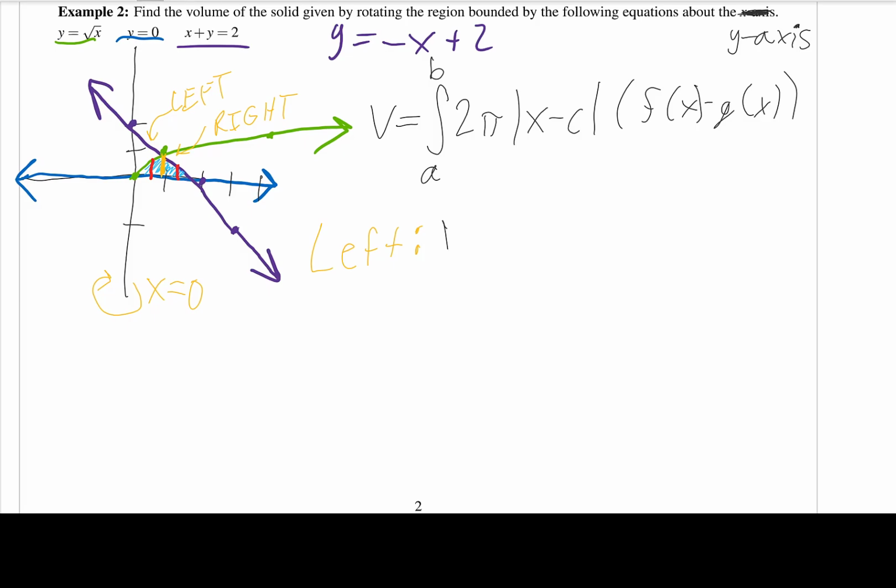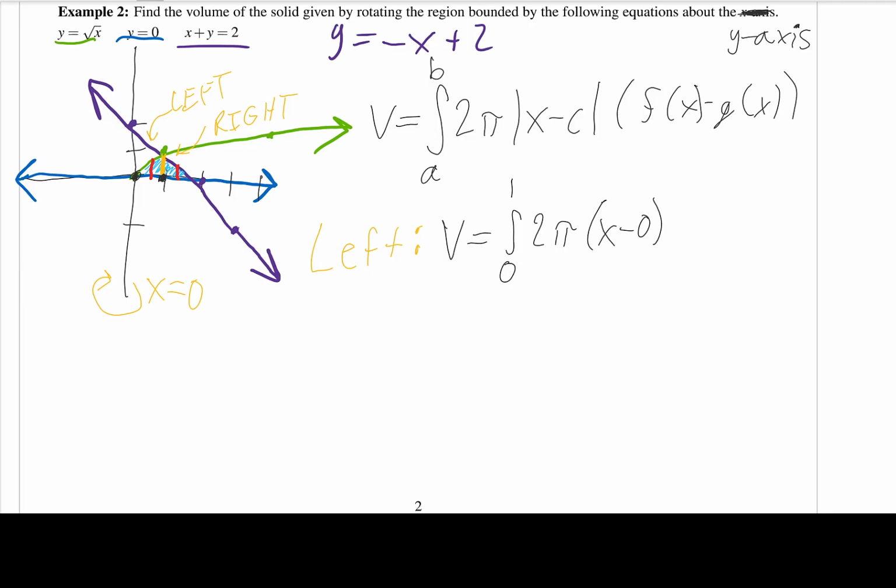This would be V equals the integral from, well, let's see, so it's going to be the x value right here and the x value right here. So this should be the integral from 0 to 1 of 2 pi. We're to the right of our axis of rotation, which means that it's going to be x minus c and not c minus 0. So we have x minus 0.